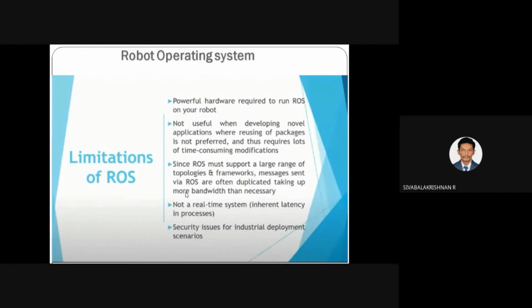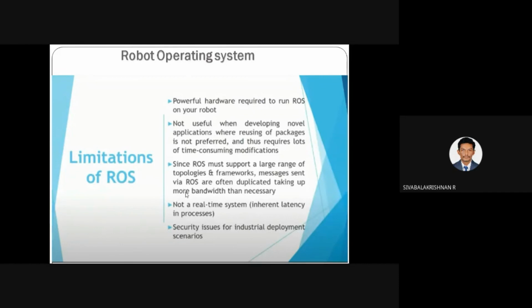An application or program developed in ROS 1 has more latency. It takes more time to complete the process compared to the industrial standard package developed for that particular hardware. To run ROS on your robot in a real-time environment, you have to adopt powerful hardware, that is, an advanced processor.